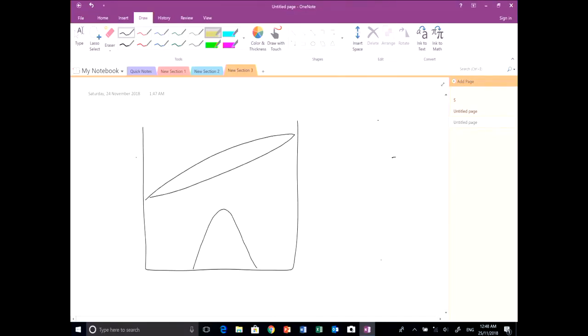Then we have something a little bit different. You'll see this occasionally. This is called a second order phase transformation.